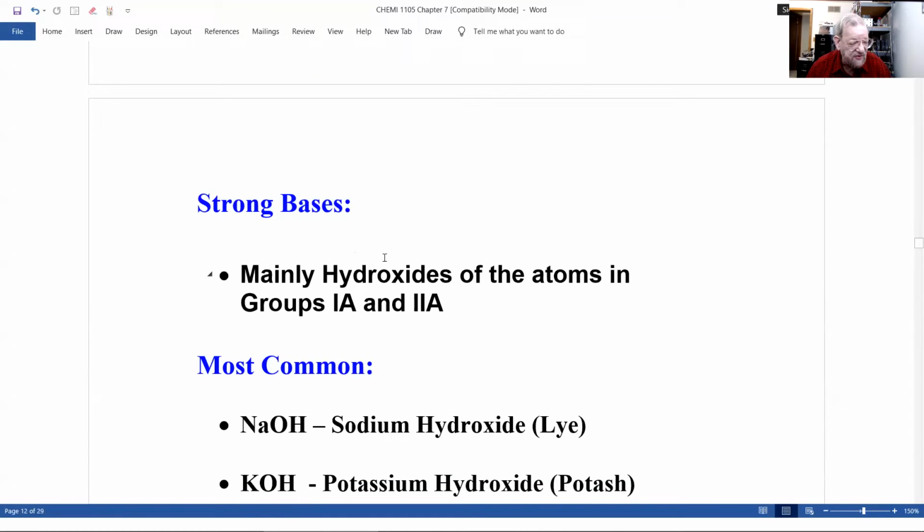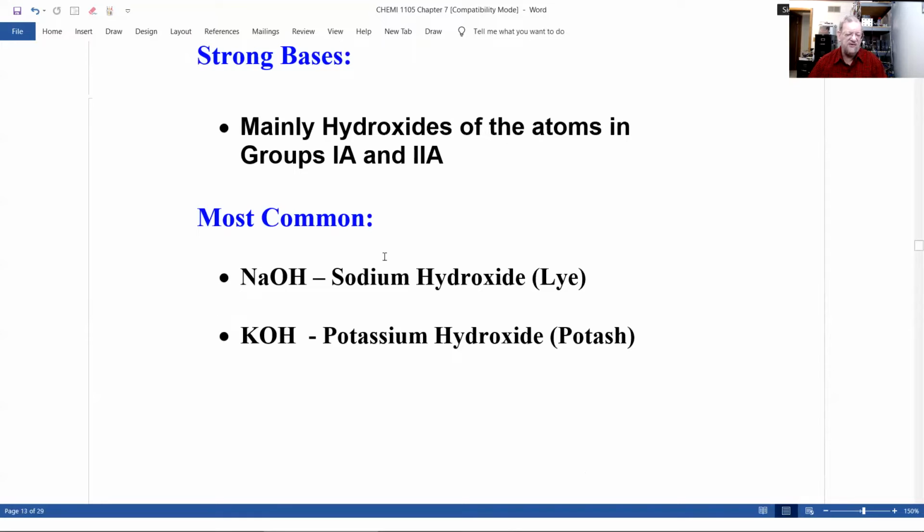All right, there are also strong bases and weak bases. The two common ones are sodium hydroxide and potassium hydroxide. And on a test, you should know if I put NaOH, is that an acid or a base? Let me see if I'll get it right this time. It's a base, same as KOH, potassium hydroxide. If I put this formula, is that an acid or base? Hopefully you will say it's a base.